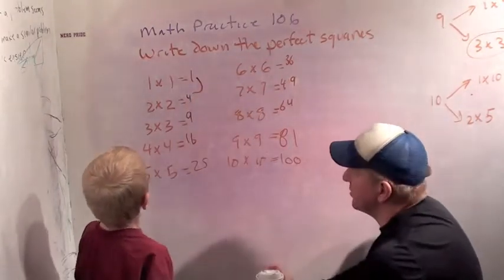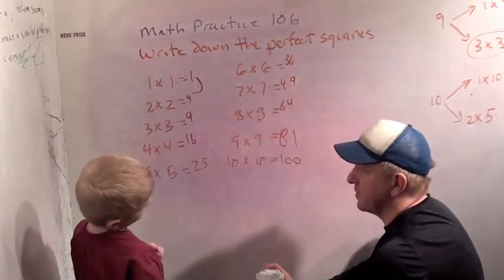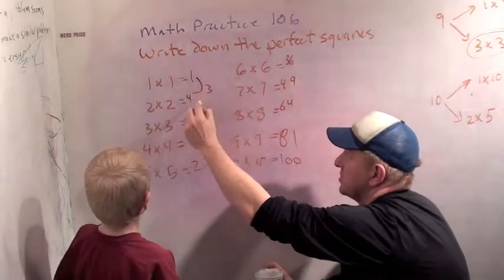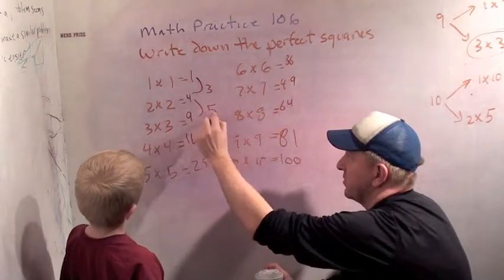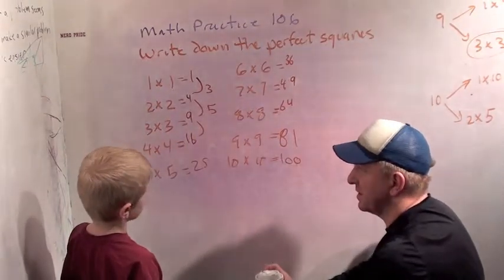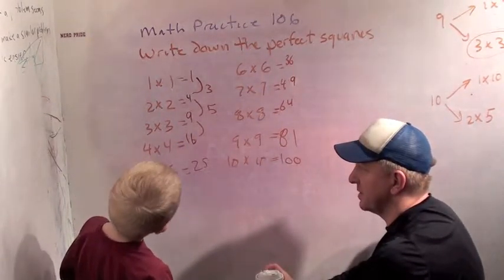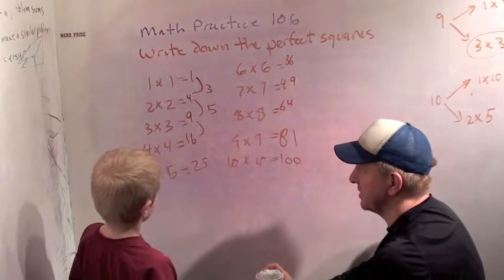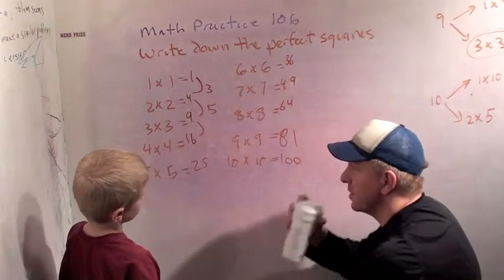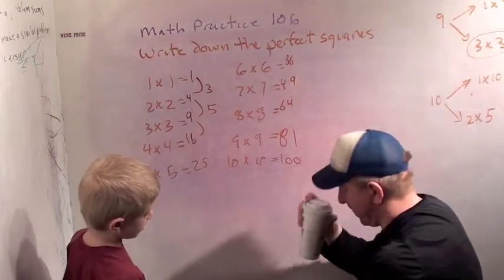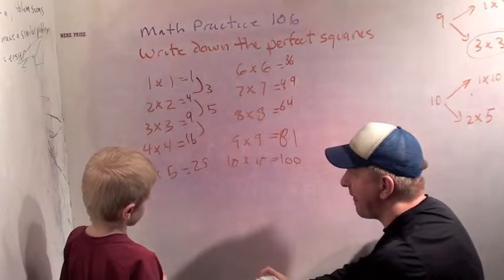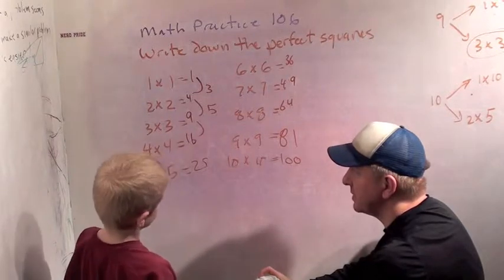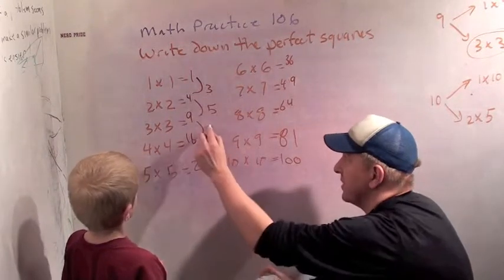How much do you increase when you go from 1 to 4? 3. You increase by 3. How much do you increase by when you go from 4 to 9? 5. How much do you increase by when you go from 9 to 16? Well, 9 plus 4 is 13. So, that's 7. 7, right.